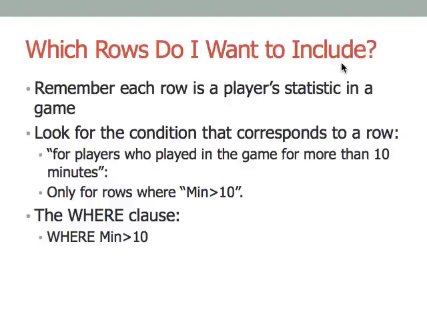Remember, game stats is one row for each player, stats for one game. So if we want to remove players with minutes less than 10, that is a row level filter. So we are filtering rows from our output where minutes should be greater than 10 and leave out the others. So that becomes your where clause.